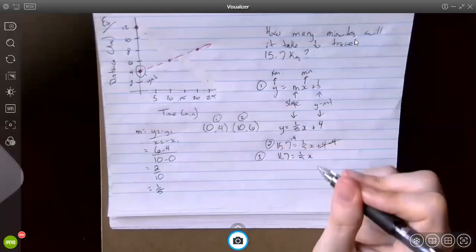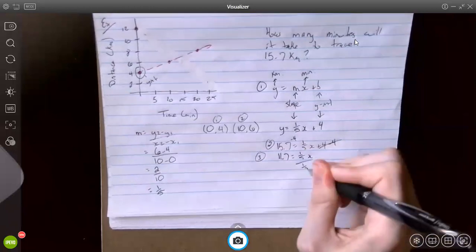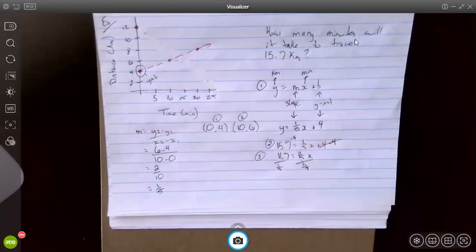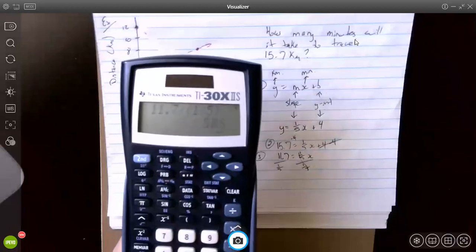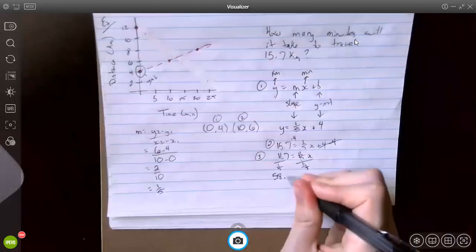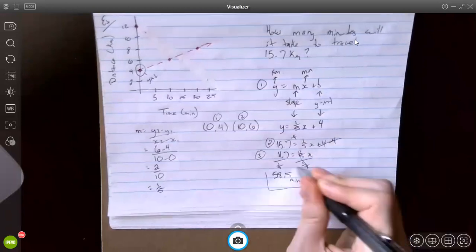And because I have 1/5 times x, I can divide by 1/5 to cancel it out, and then divide by 1/5 on the other side. When I plug that into my calculator, I'm going to plug in 11.7 divided by, and then in brackets, 1/5, and close my brackets. Just like that. And I'll get 58.5. So my answer is 58.5 minutes.